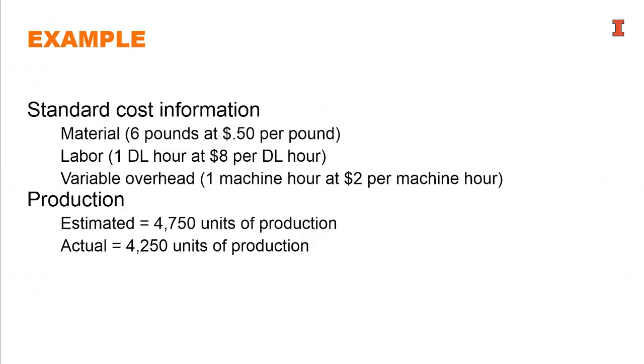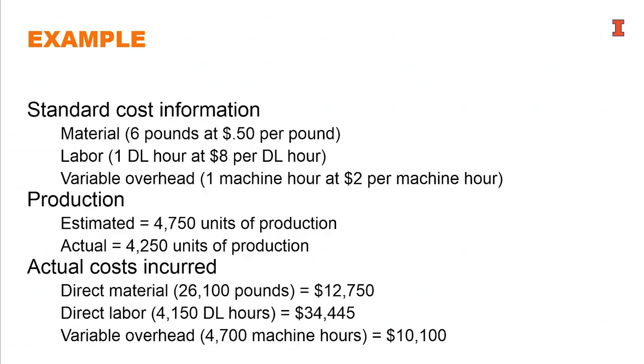In terms of production, at the beginning of the period, we estimated that we would produce 4,750 units. At the end of the period, we found that we only produced 4,250. And in terms of actual costs incurred throughout the accounting period, direct material, the total cost incurred was $12,750, and we actually used 26,100 pounds of material in completing the 4,250 units of production.